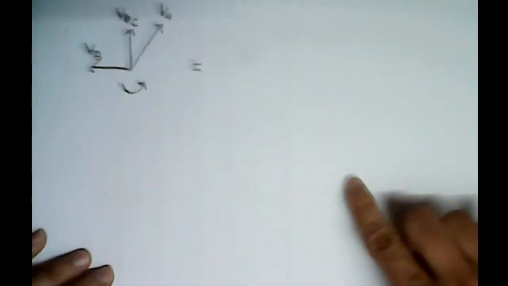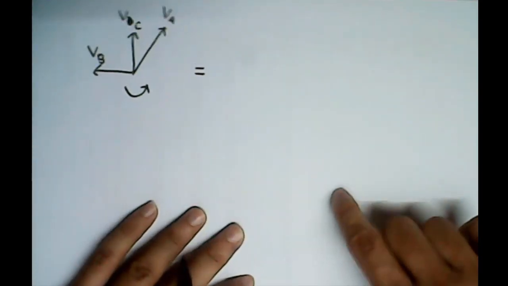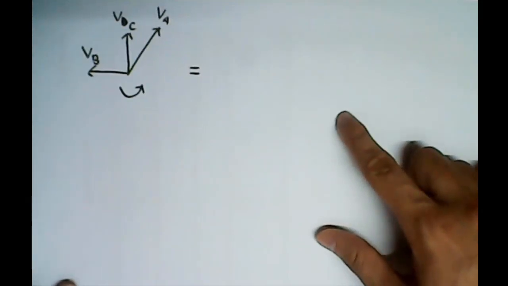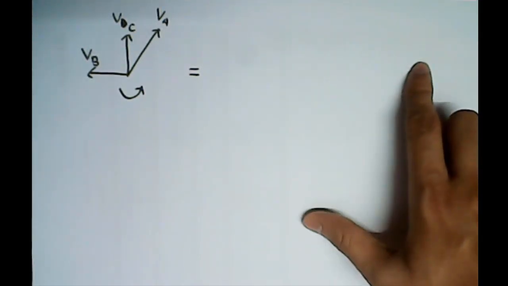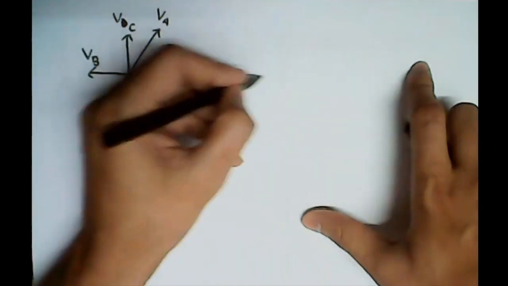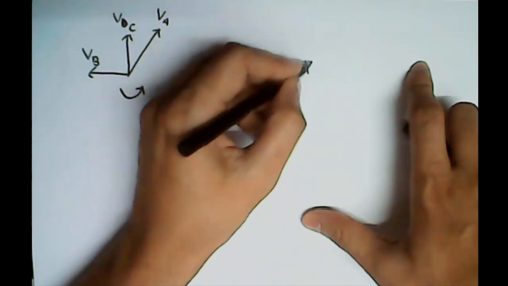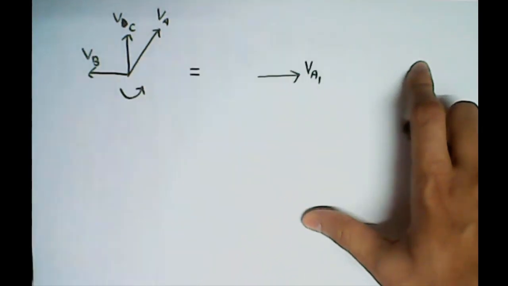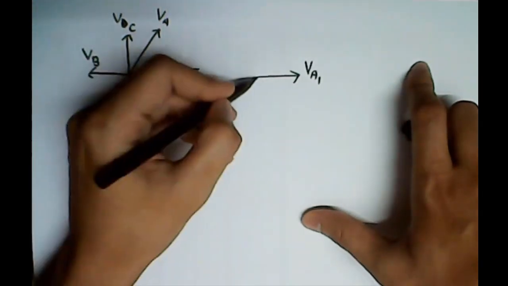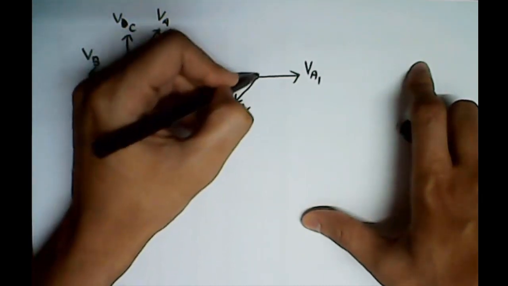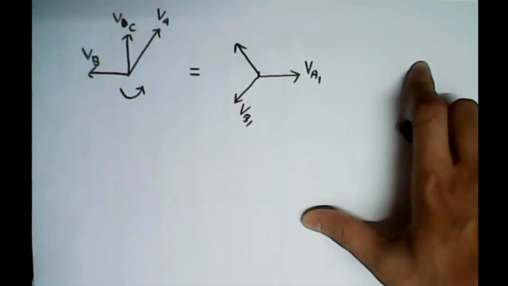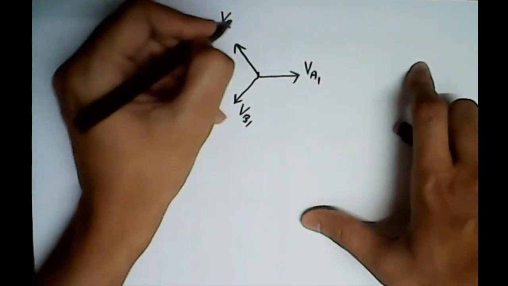So now, as per the Fortescue theorem, these three voltages can be broken down into three components which are balanced among themselves. So VA1, VB1 and VC1.